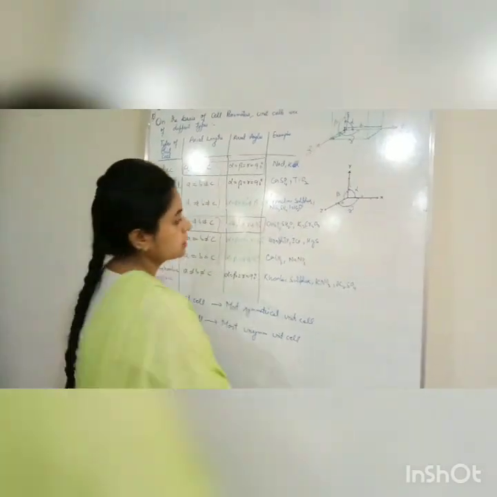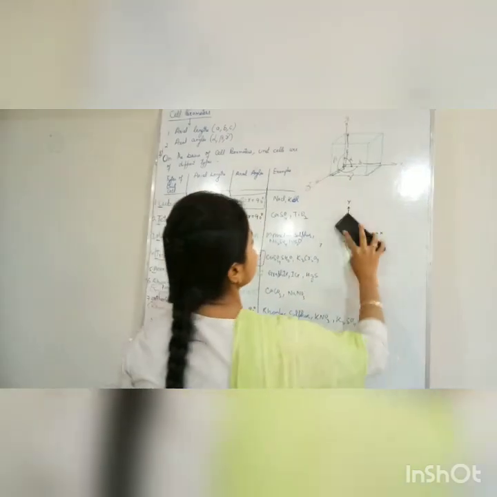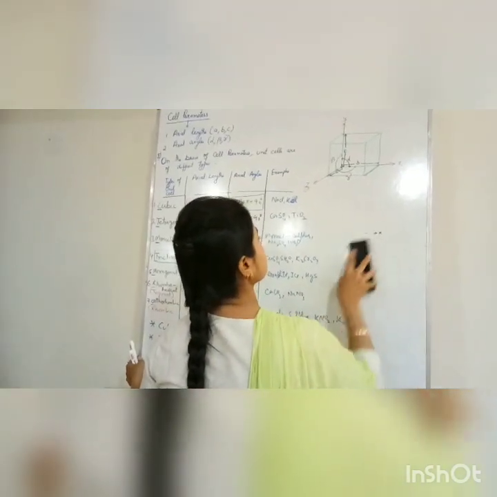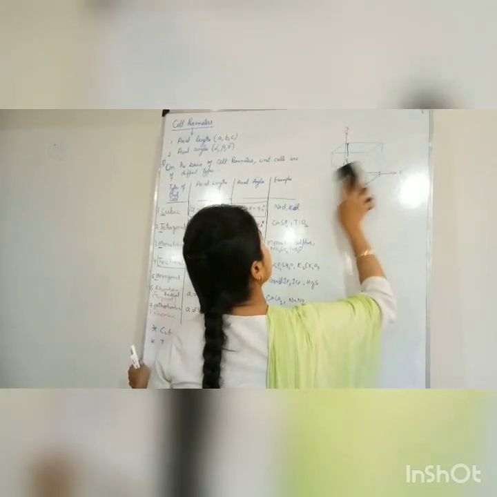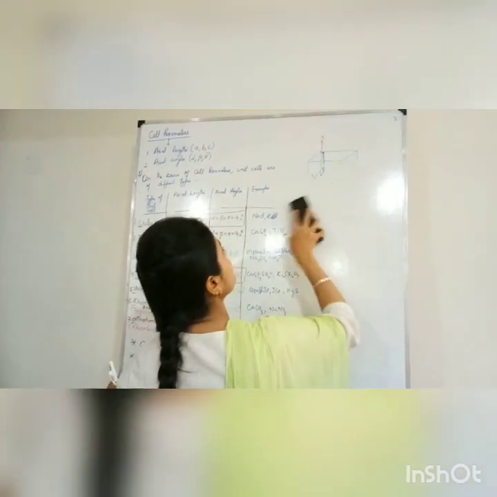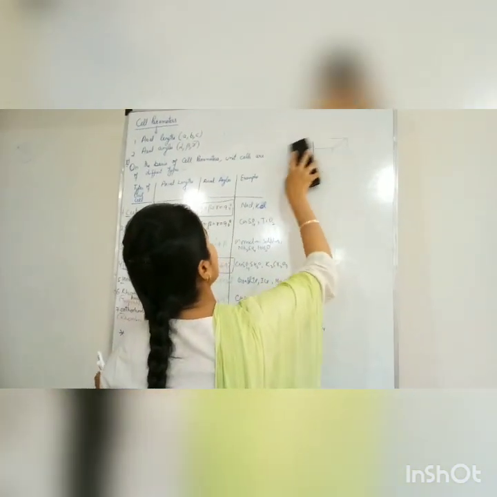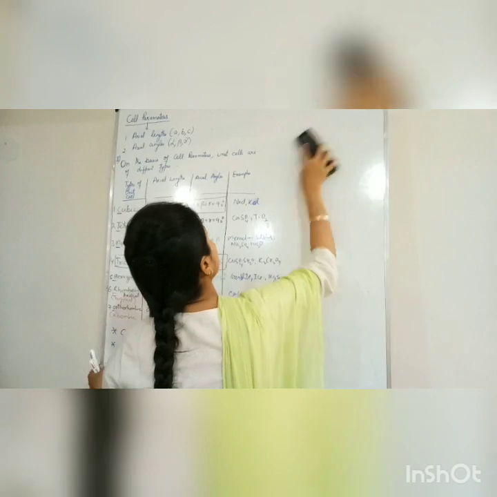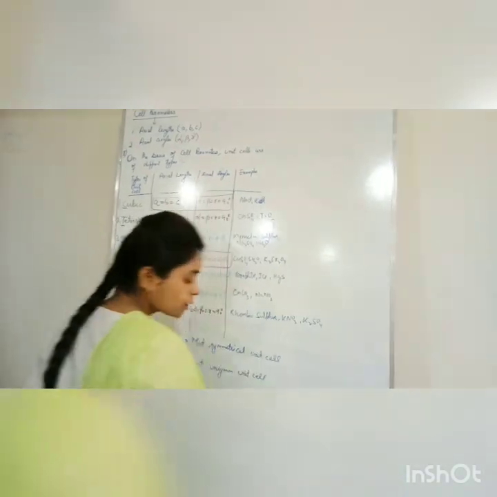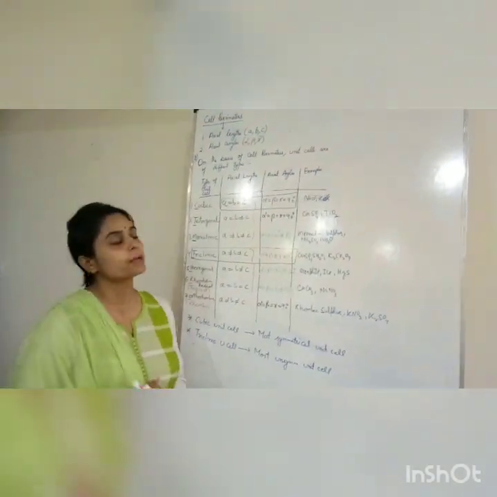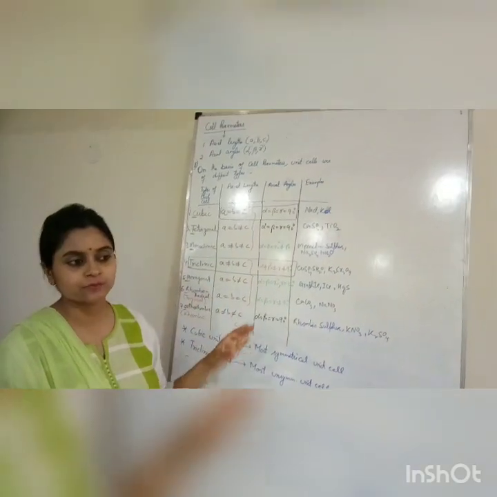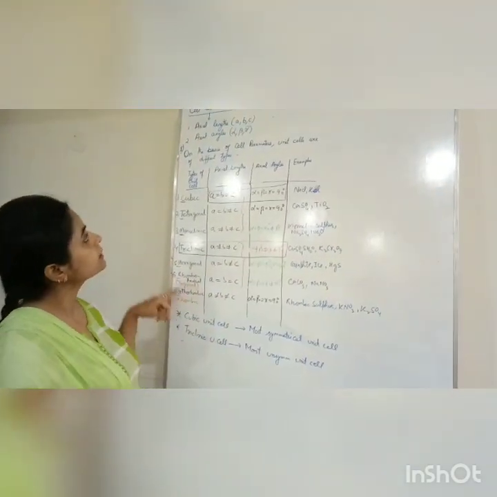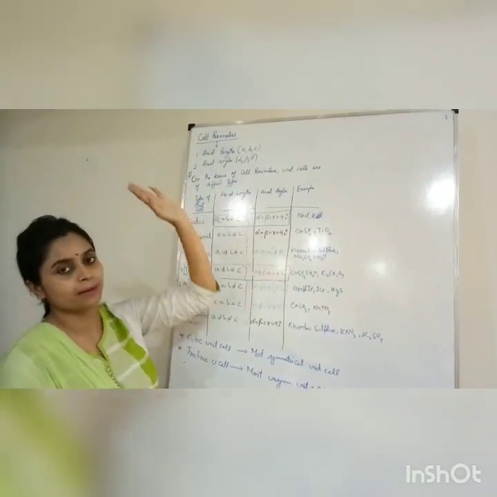Now, one more thing. Till now you have studied two different types of unit cell on two different bases. One is on the basis of arrangement of atoms within the unit cell and the other is on the basis of cell parameters.